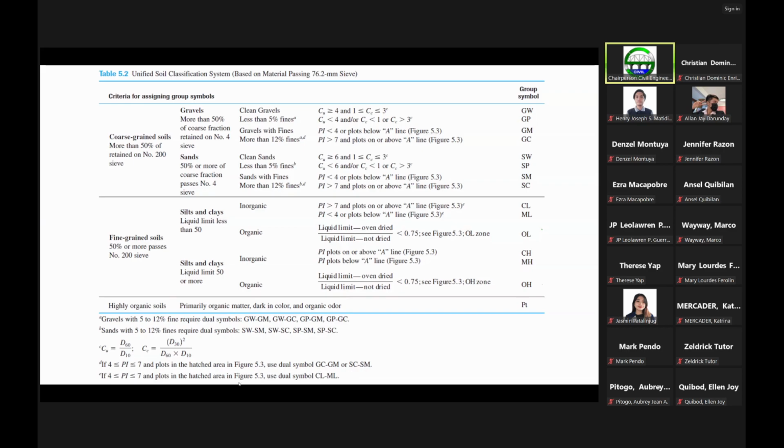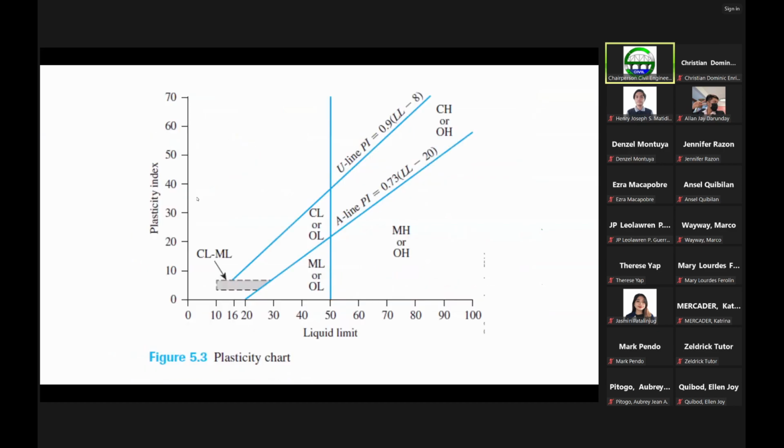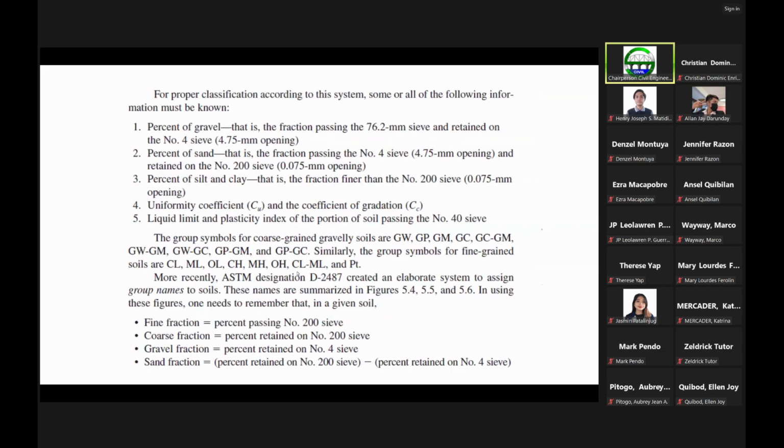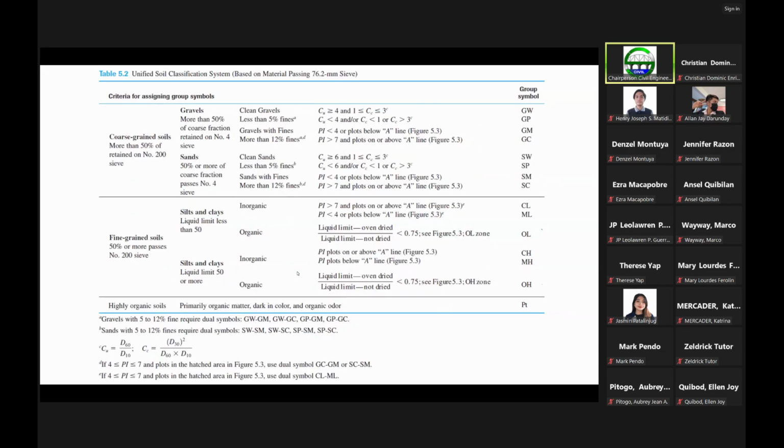And the point plots in the hatched area in this plasticity chart, this one here is the hatched area, then we can use a dual symbol, CL-ML. And the same also here, for this one, the same criteria. If it falls within this range, then you can have SC-SM material.